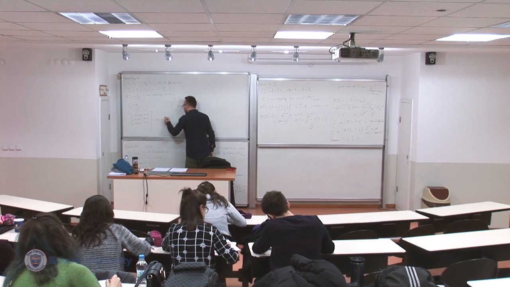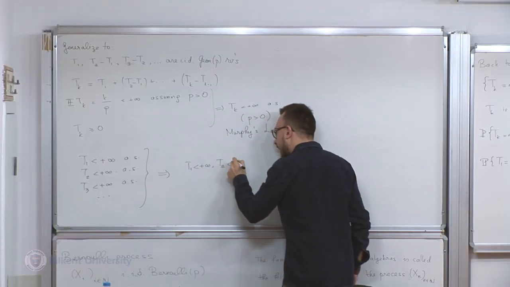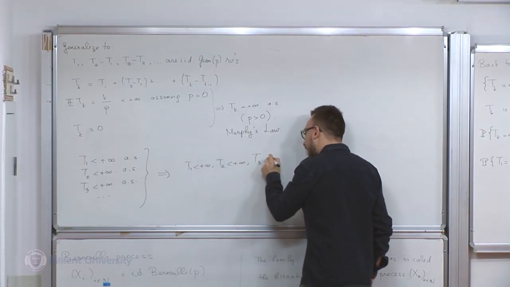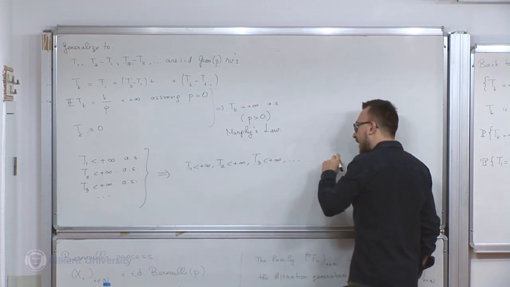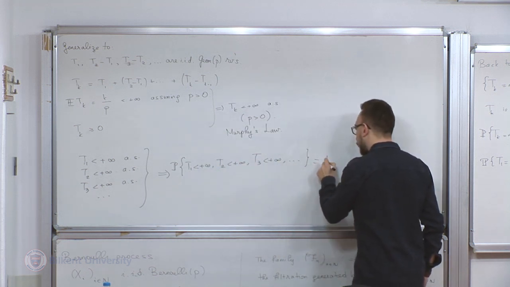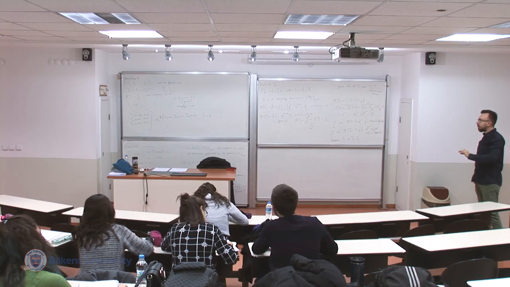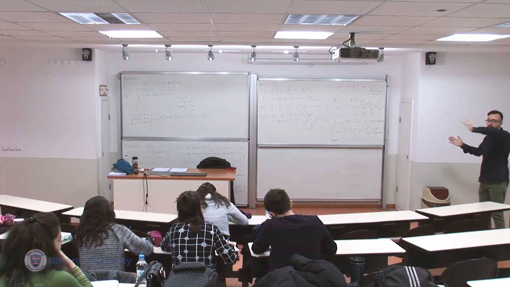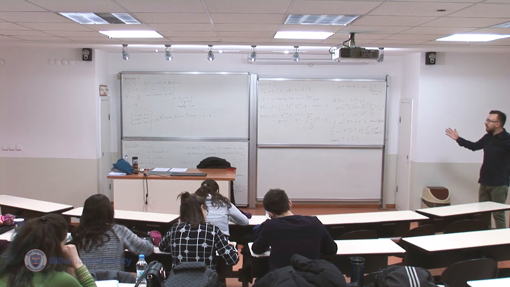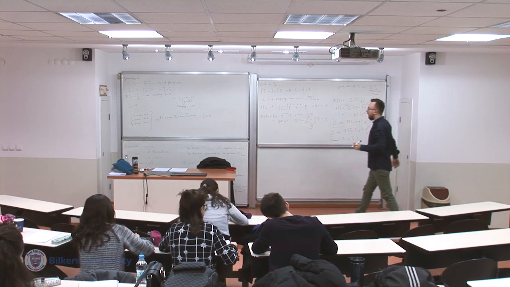So the intersection of all those, T1 is finite, and T2 is finite, and T3 is finite, and everything is finite, has probability 1. So it's not just that you're going to have T1 finite almost surely, T2 finite almost surely. You have a universal almost sure event under which T1, T2, T3 are all finite.